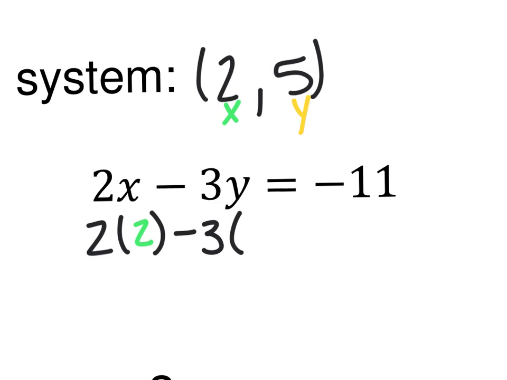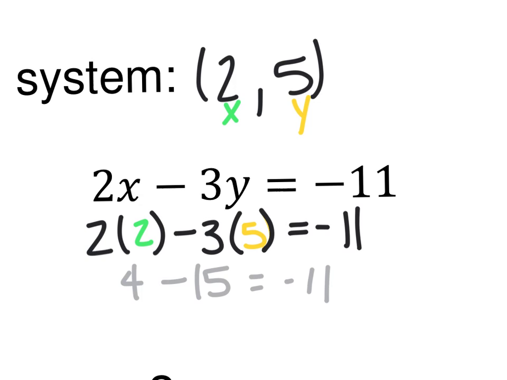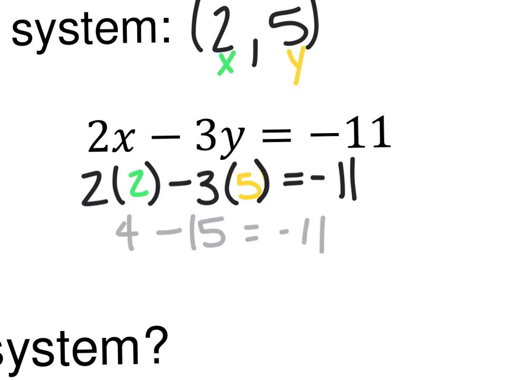Minus 3, and instead of y, I'm going to plug in 5, equals negative 11. So I'm going to do the math on the left side. 2 times 2 is 4. 3 times 5 is 15. So 4 minus 15 is going to give me negative 11. And negative 11 equals negative 11.